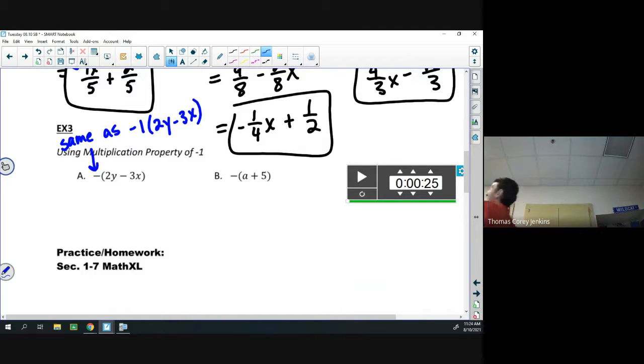So if I multiply or divide anything by -1, what happens to it? It just flips the sign. Negative becomes positive, positive becomes negative. I don't change the absolute value, so it's really easy. All I do is just flip the signs.